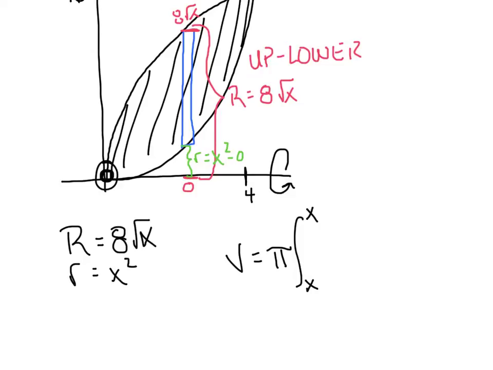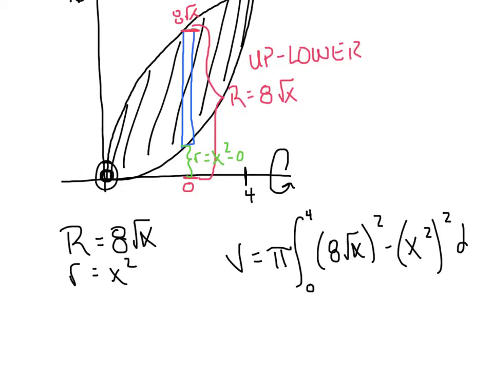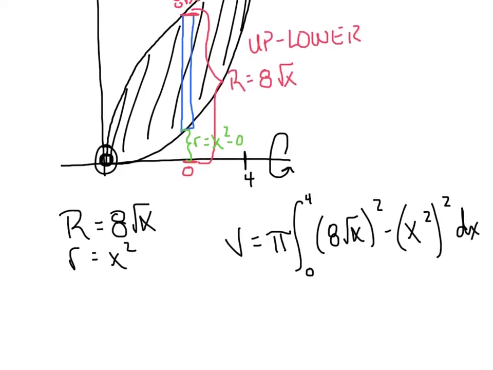So, whoops, how about we try some numbers there. All right, there we go. We got our 0, we got our 4. We're going to take our outer radius, wrap it up, and square it, minus the inner radius. Again, wrap it up and square it, and of course, bring your own dx and tack it on the end. All right, so where would you go from here?